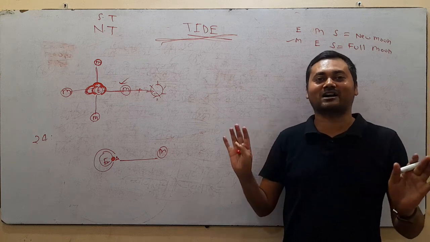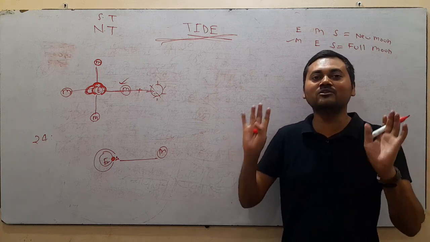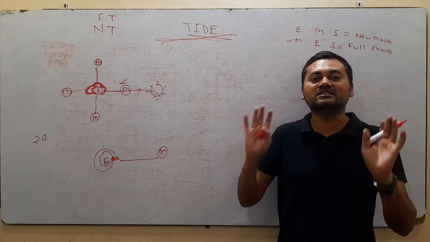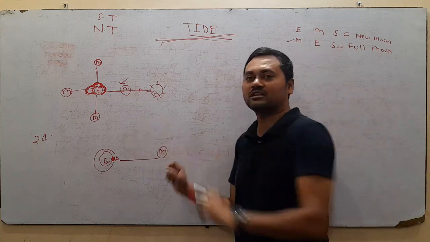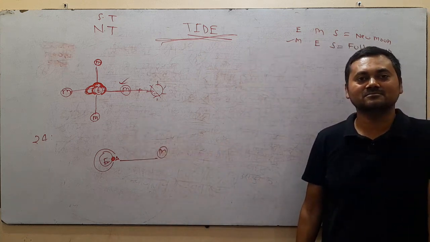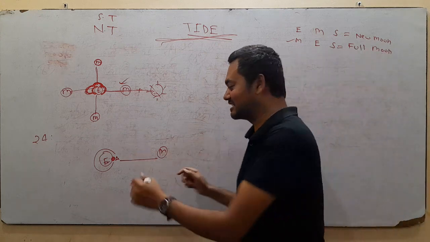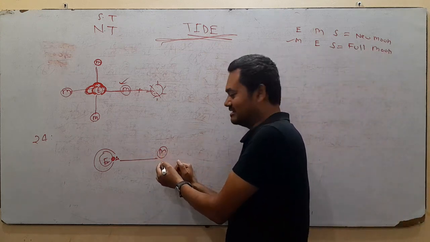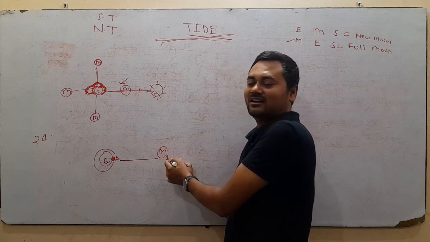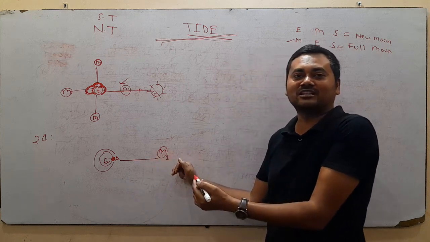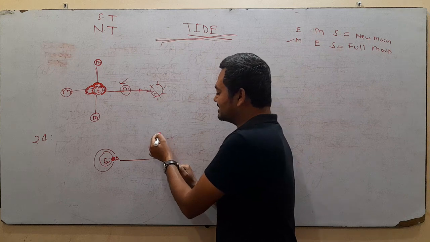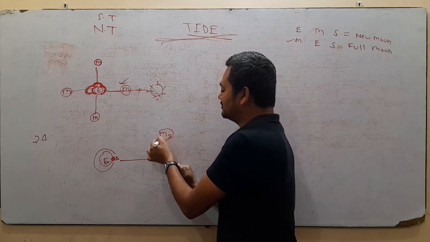The moon will be doing a moonwalk. The moon will also cover a certain distance, as the moon is not stationary. So let's assume the moon, this is the M1 position. Now what will happen? After 24 hours, the moon will reach somewhere here, and this is the M2 position.